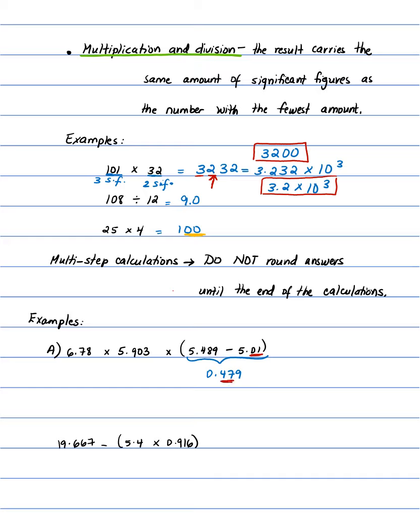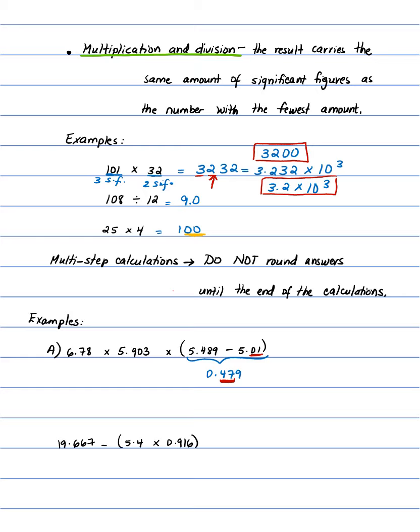You're not dropping that 9 at the end. You're not rounding your number because we cannot round between steps. We can round only the final answer, and that's not the final answer. That's just the solution for what you have in the parentheses.